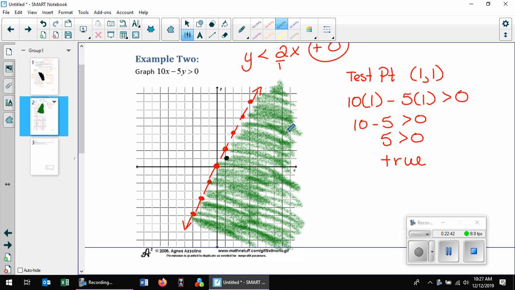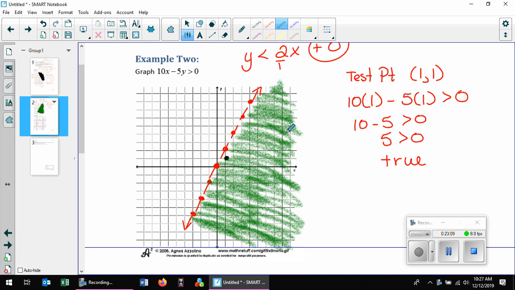Okay. If you put a test point on the graph, let's go back to the actual graph. I know we want to decorate our tree, but if we put a test point on the graph, like I put it on there to show you where 1, 1 was, and let's say we put it on the side that was false, you would have to remove it.